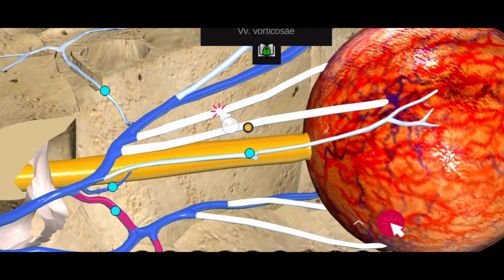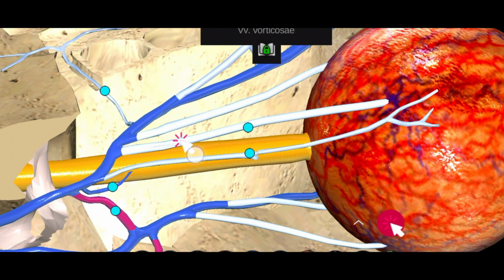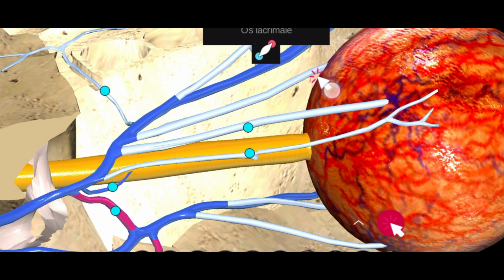Now you can see another branch, called the vortex veins. These vortex veins drain all the blood from the choroid layer of the eye. Here you can see the lacrimal vein, which drains the blood from the lacrimal gland.